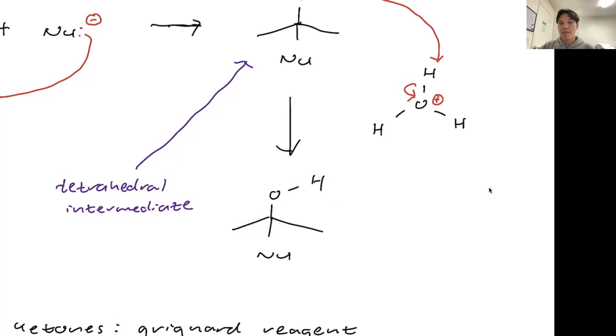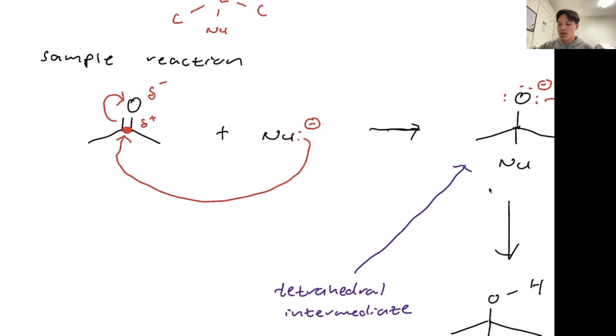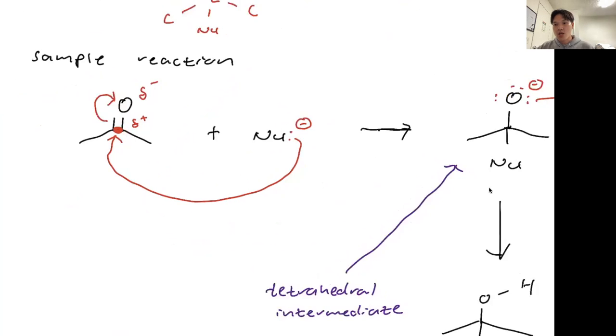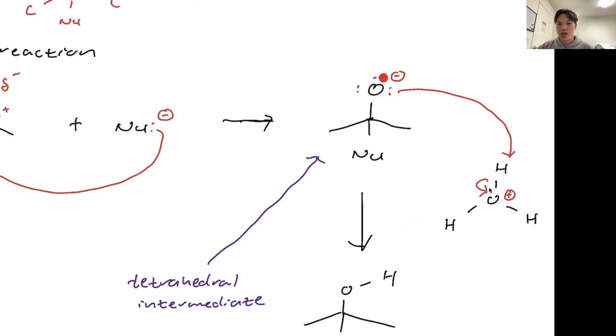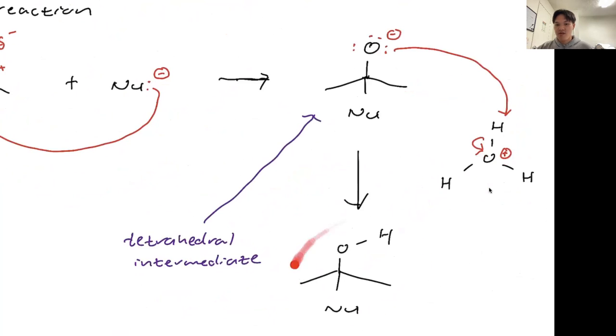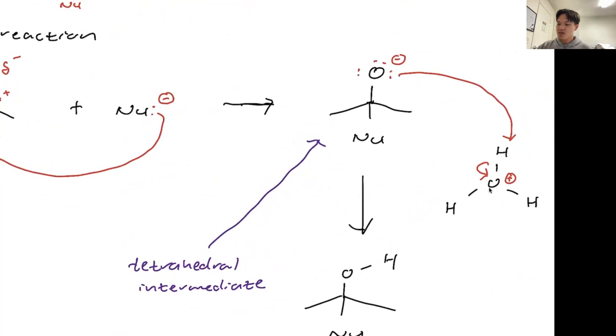So that's just a sample reaction. So what happened was the nucleophile attacked the carbon that's holding the double bonded O because this bond is not evenly shared. The bond goes up to the oxygen, and now I have a lone pair on the oxygen. And then if you treat it with an acid, it will go down to this formation of an alcohol.